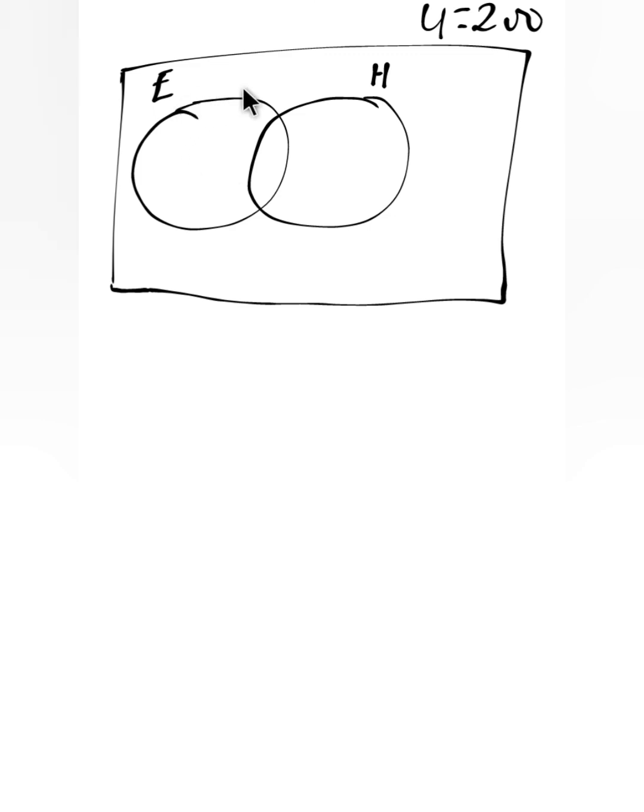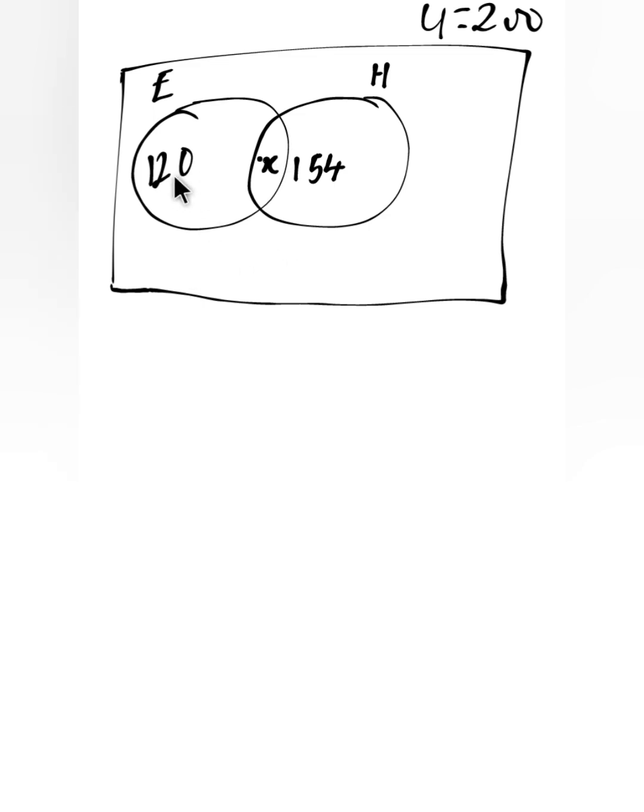Now the whole of this circle, which is economics, is 120. And the whole of this other circle, which is history, is 154. Now let's assume that those that like both economics and history, because this intersect here means those that like economics and history, be X.